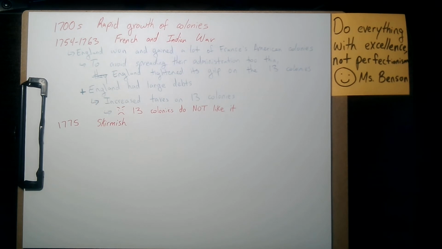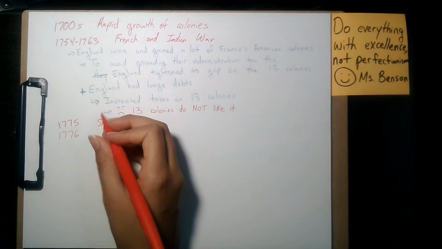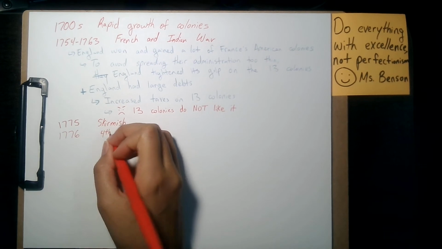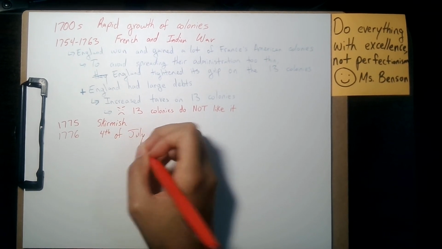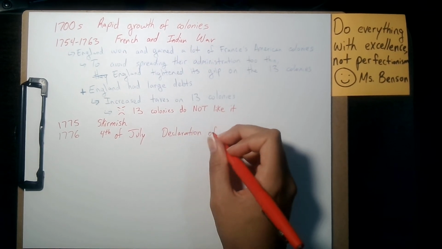However, just the fact that there were so many different skirmishes occurring between England, as representatives and also in their military, versus colonists, it just shows there was so much tension in the air, a lot of conflict. And it just became so much harder to ignore. So then in 1776, 4th of July, this is when our Declaration of Independence occurs.